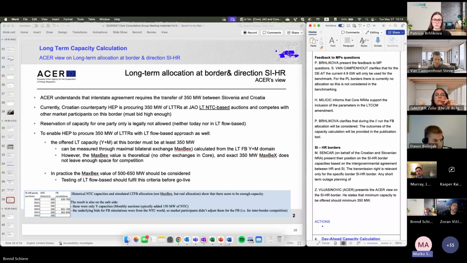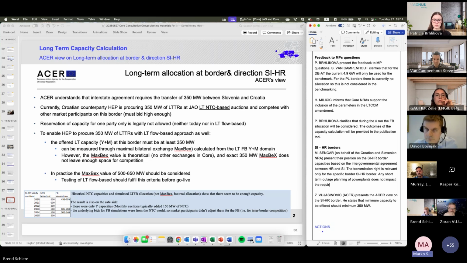How this capacity is then turned into reality in practice is a question of procedures. I do not see the problem, and that's not a question for the methodology.